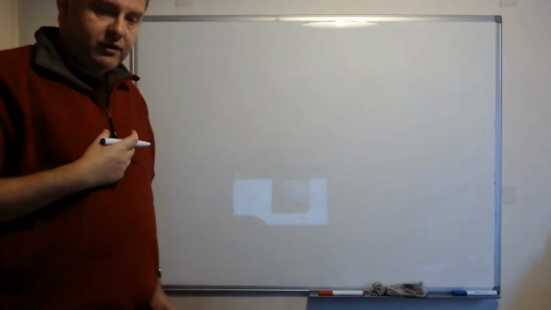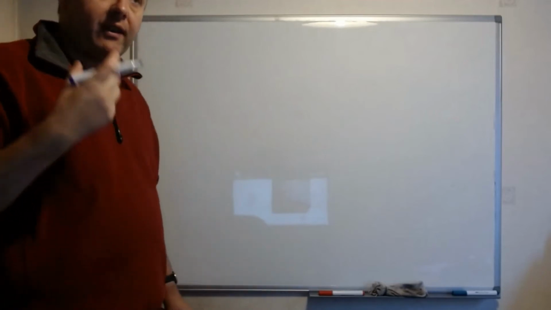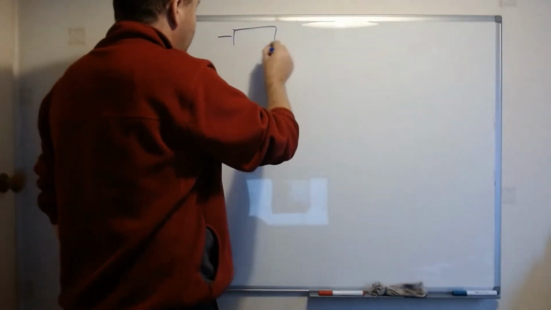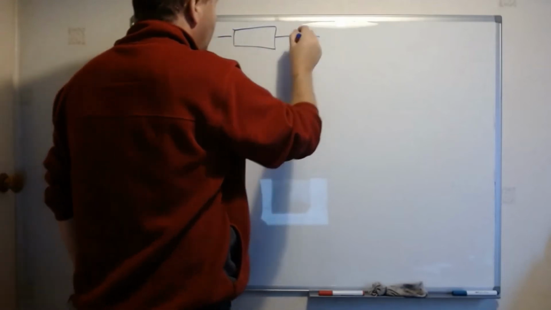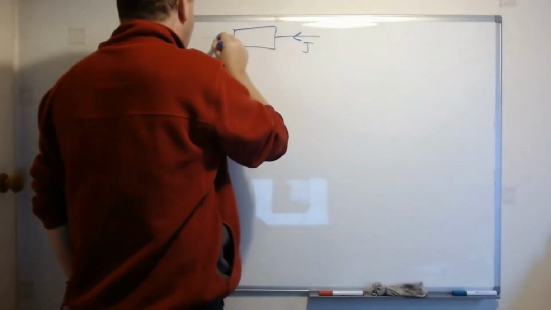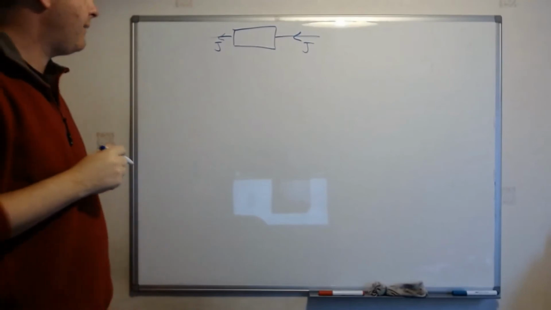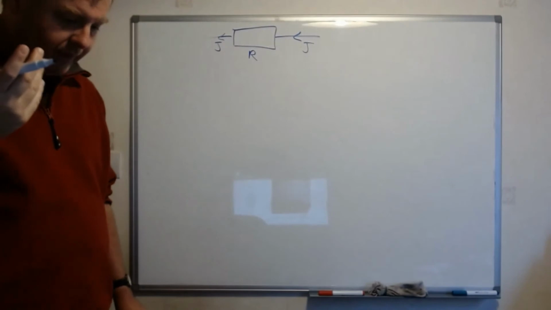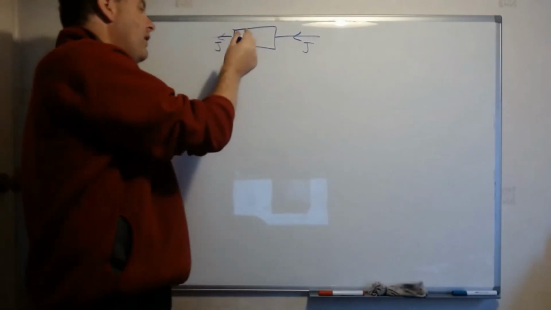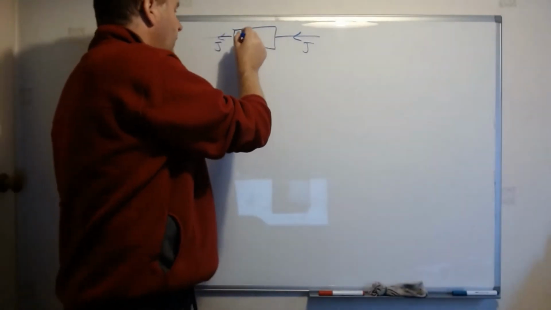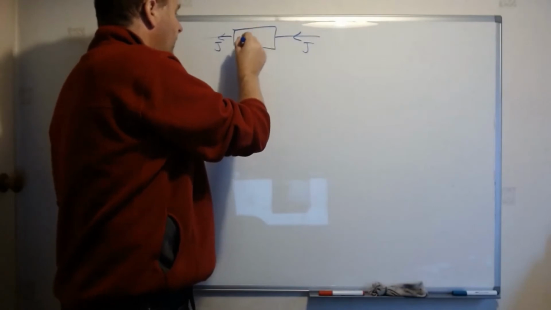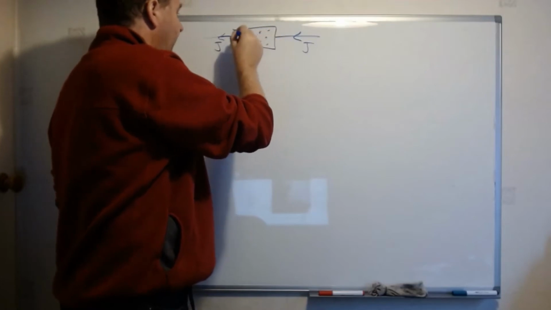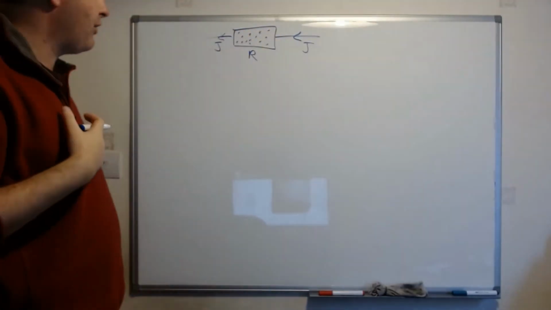Okay, so to think about what's going to go on with this resistor and how it can introduce some noise to our circuit, let's start off by just thinking about the resistor. It's got some current coming into it, some current going out of it, and it's got a resistance R. Well, the first thing we might think is that if we took a look at what was going on inside this resistor, then if it was, say, a metal, for example, it would have a series of electrons, and we know that those electrons are in constant motion.